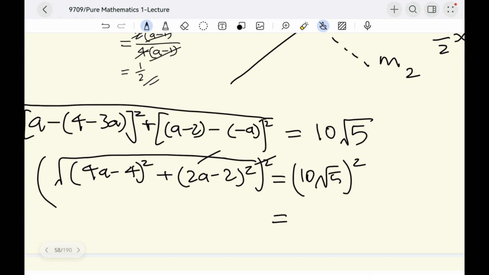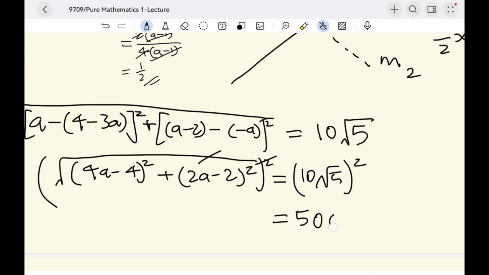Okay, so using the indices rule, you need to distribute this power 2 to the square root of 5 and the 10. Okay, so after I square the 10 square root of 5, I have 100 times 5, which is 500. Okay, simultaneously, I can expand these two terms already.